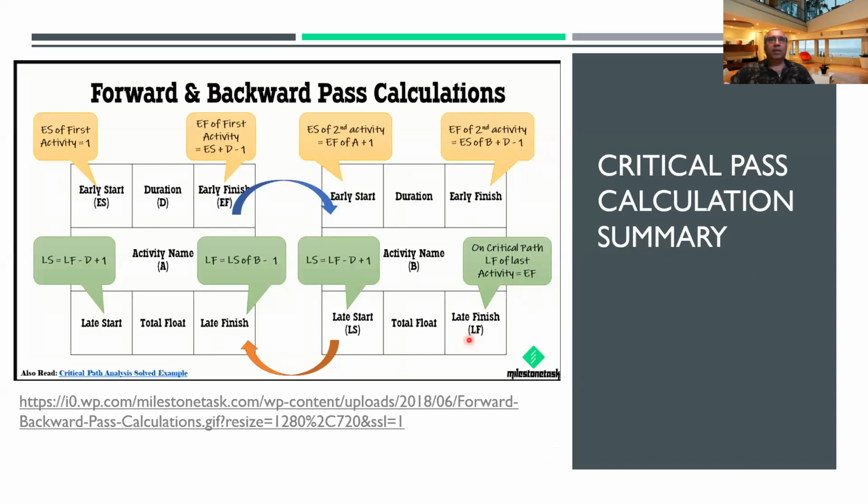Then you go to late start. Think of it this way: late finish minus duration plus 1. So now you have to work backwards and think, this is the latest I can finish this. This is the early finish. The latest I can finish it is on this date. Now I have to minus the duration plus 1.